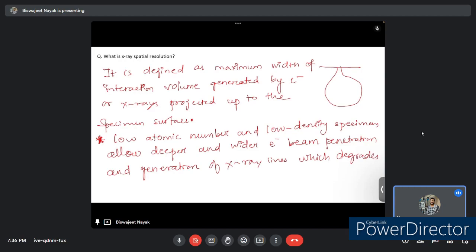So that's why we need to use high atomic number elements. It degrades the X-ray spatial resolution.